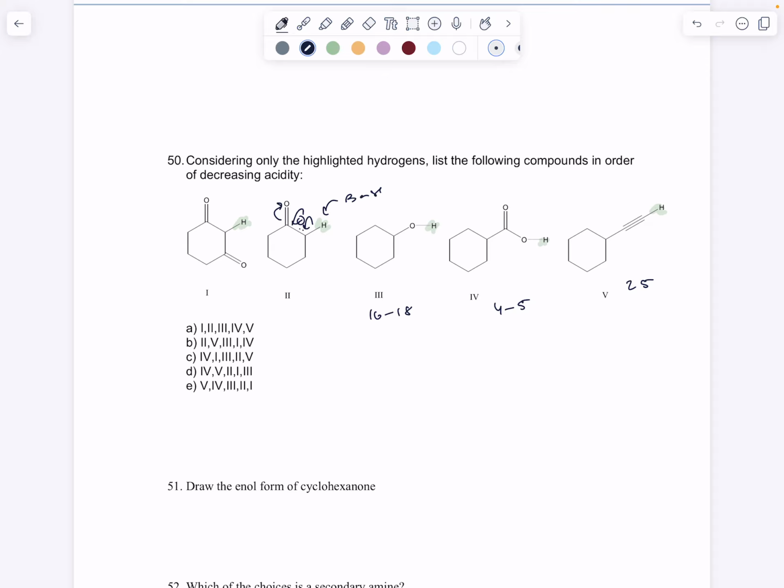Probably not as stable as this carboxylic acid that has 2 oxygens, so that it can handle it more easily. But I'm guessing that this, therefore, is going to be more acidic than a normal alkene. And I'm actually going to probably put it up somewhere, I think it's probably like 19 to 20.